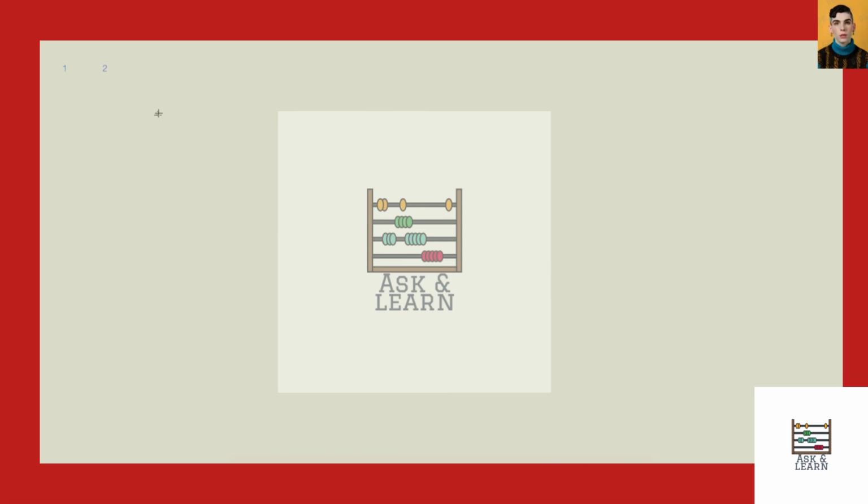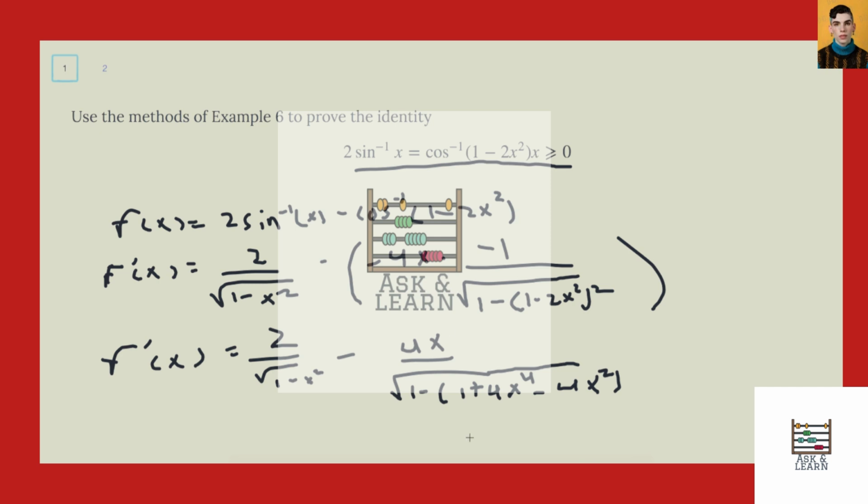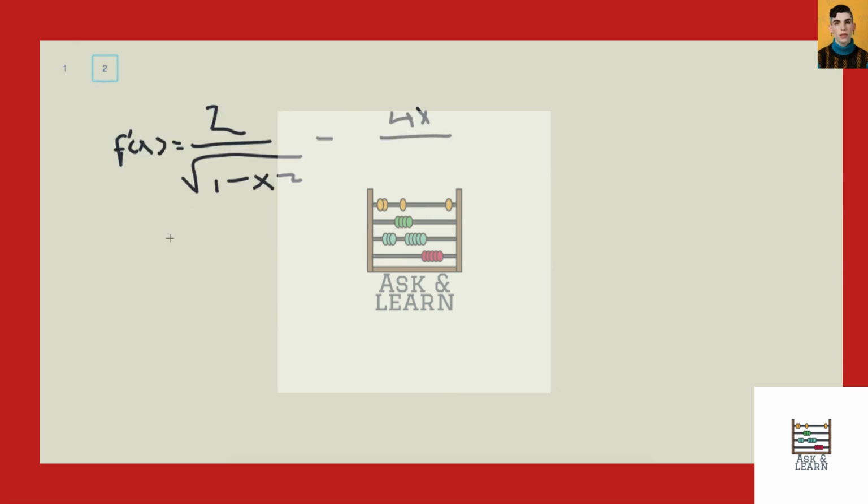And then we can further simplify this. The reminder, this is f prime of x, so this is the derivative. And we're going to do minus 4x over, let's see, the 1s are going to cancel, and it's just going to be the square root of 4x squared minus 4x to the fourth.